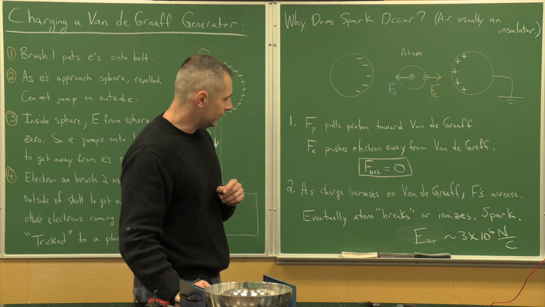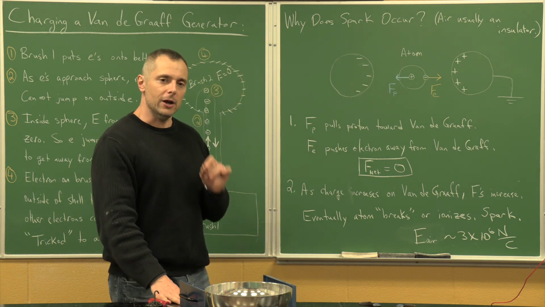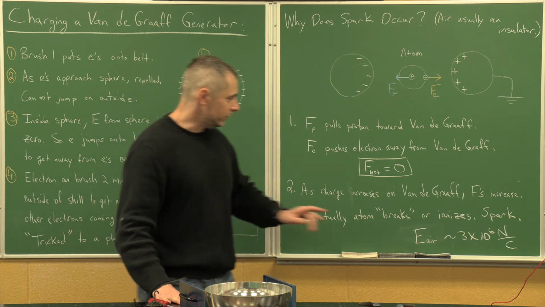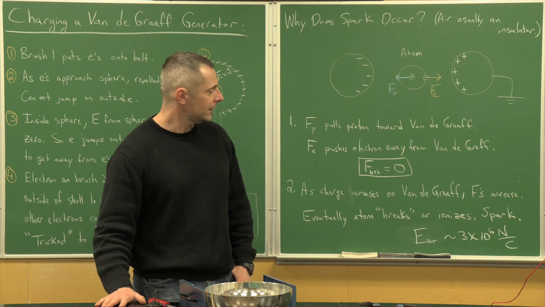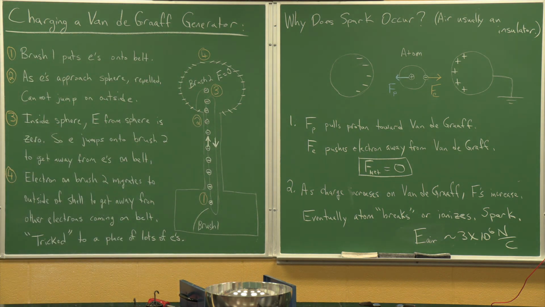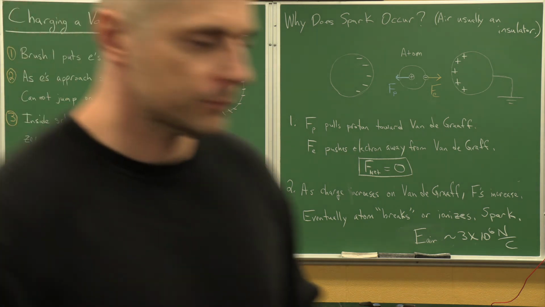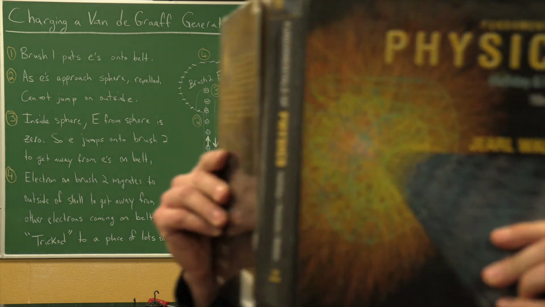The air becomes conductive. Now, the approximate electric field value at which air breaks apart or ionizes is 3 times 10 to the 6 newtons per coulomb. You could find that in our textbook in a table on page 732. So here's our textbook, right?